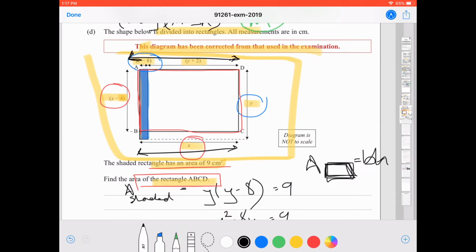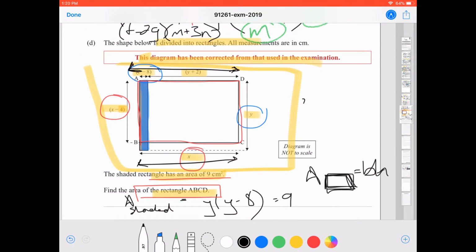It's the same length, top and bottom of the shape. We can say x equals y minus 8 plus y plus 2 here. And so just collecting like terms, we've got 2y, minus 8 plus 2 is minus 6. So x equals 2y minus 6 here.